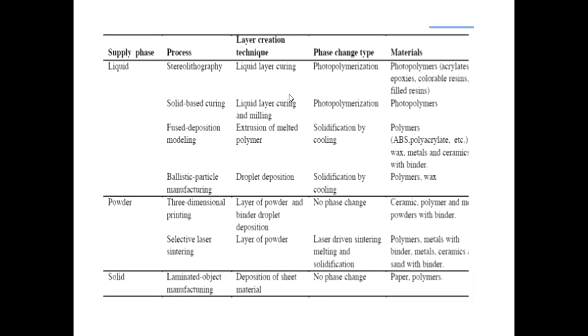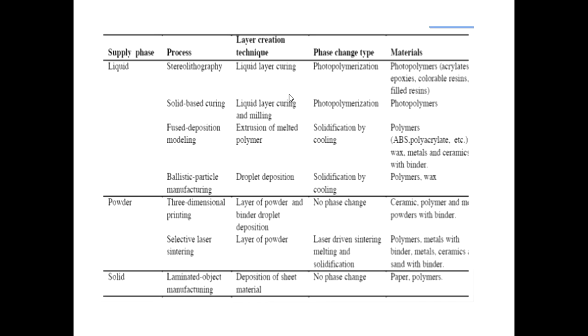It is again a photopolymerization process. FDM process, that is fused deposition modeling, the solidification will be done by the cooling process. We are using polymer material in this one. Then we have ballistic particle manufacturing. Solidification is again done by the cooling process. Polymer wax will be there. So all these are the liquid rapid prototyping processes.